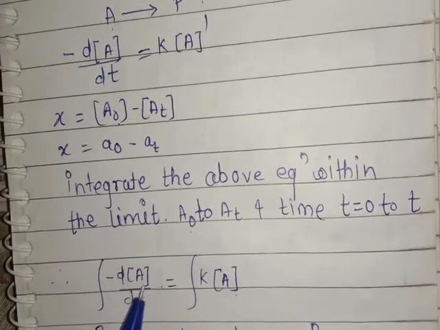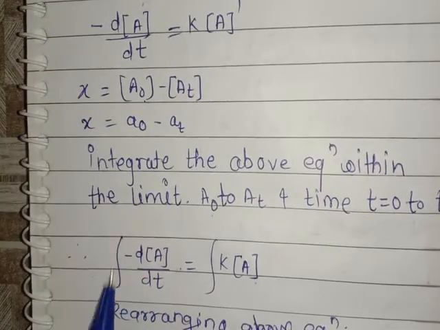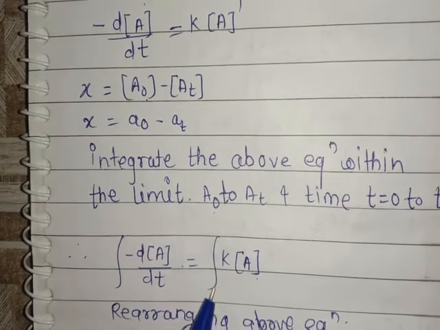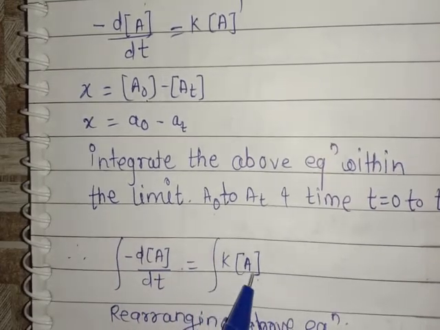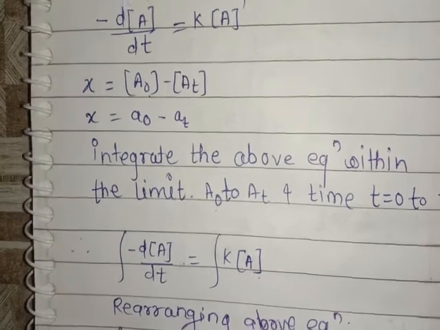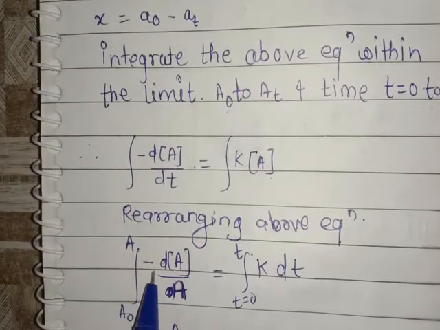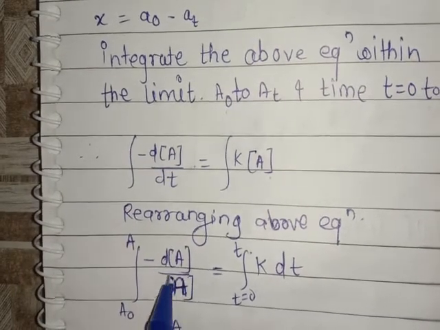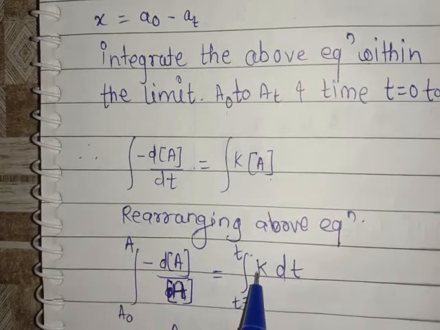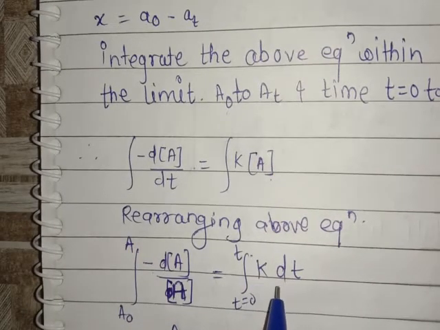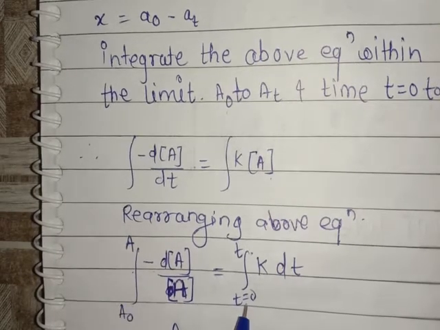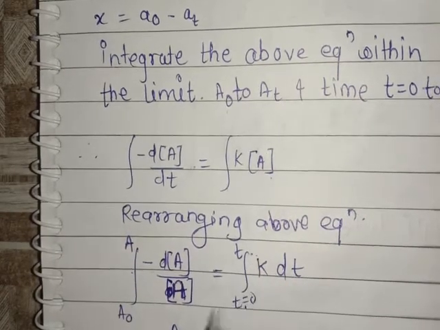So integrating this equation, integration of minus dA upon dt is equal to integration of k into concentration of A. Rearranging the equation, we have minus dA upon A, concentration of A, is equal to k into dt within the limits a0 to A and t is equal to 0 to t.